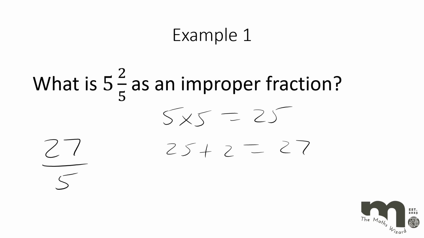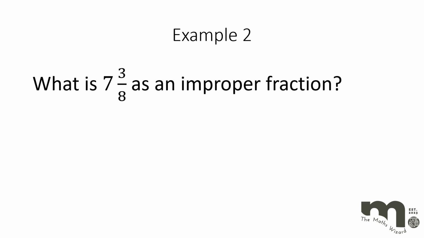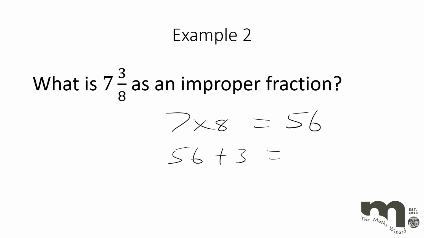Okay, next example. So we've got 7 and 3/8. So if we do 7 times 8, we get 56. And then we've got to do 56 add 3, which will give us 59. So we would write that as 59 over 8 for that one.